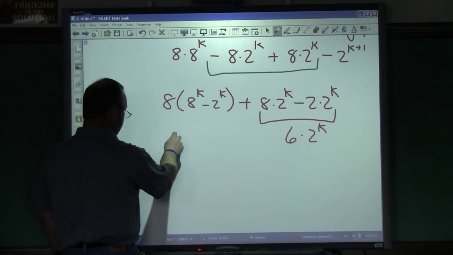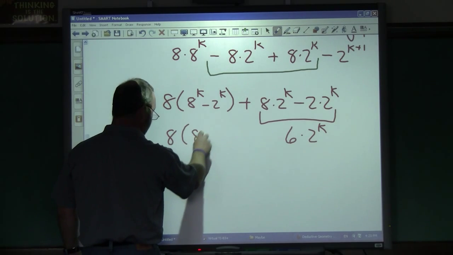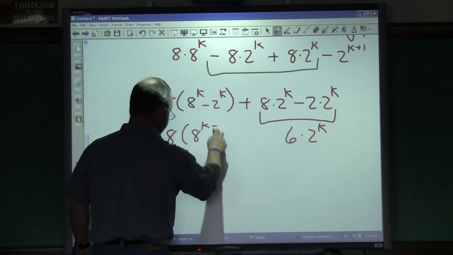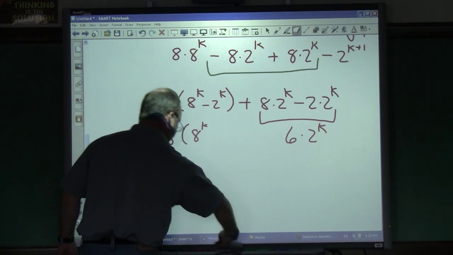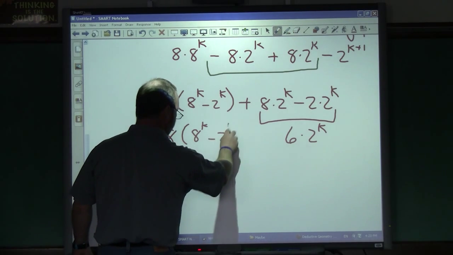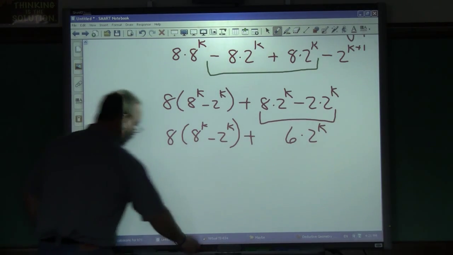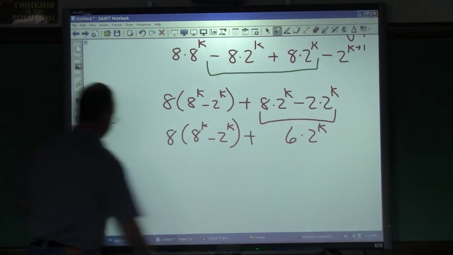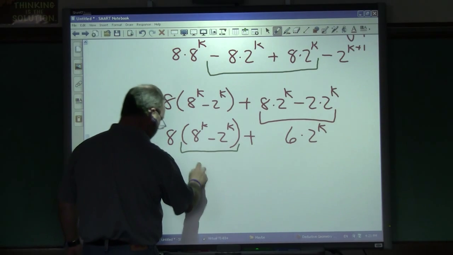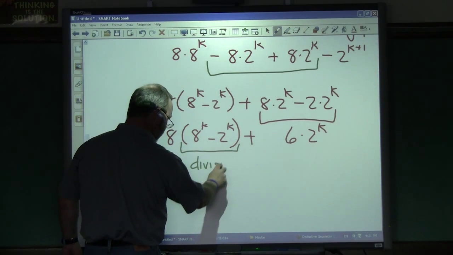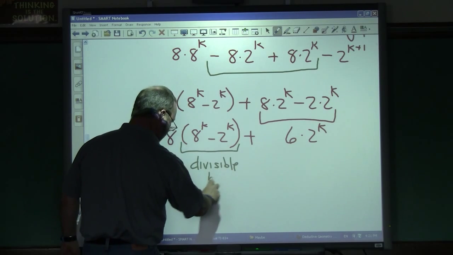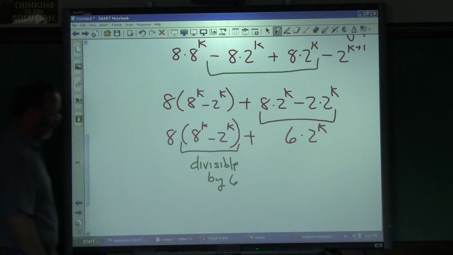And this is still 8 times 8 to the k minus 2 to the k. And by assumption, this part is divisible by 6.